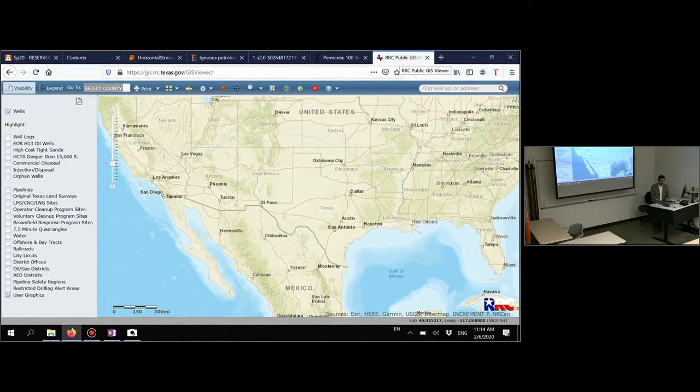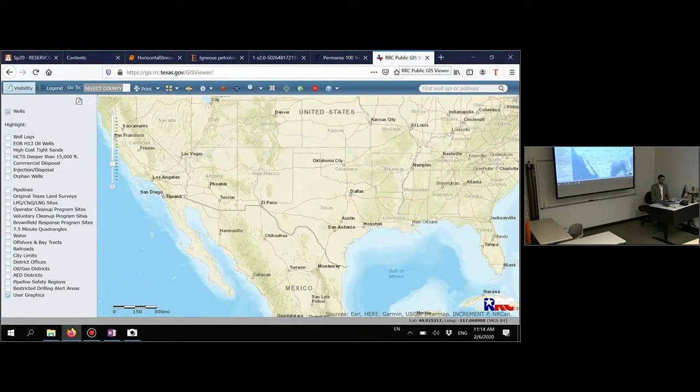What we're going to do now is zoom in and see what's going on in the Permian Basin. You grew up with Google Maps, but I didn't. When Google Maps arrived, you could just open a browser, zoom in on a place and see what's going on at the surface.